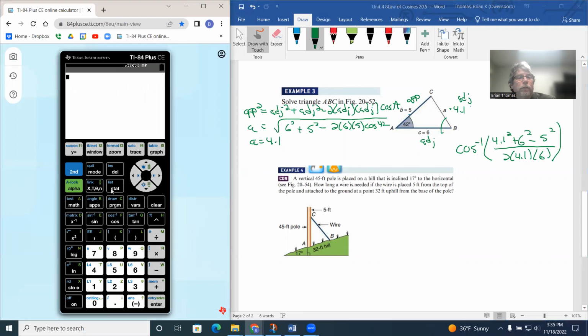So we'll clear that all off. So inverse cosine of, let's make a fraction. We have 4.1 squared plus 6 squared minus 5 squared. On the bottom, we have what, 12 times 4.1.